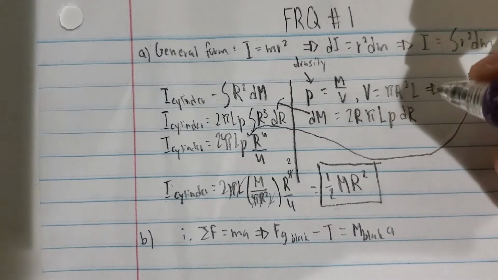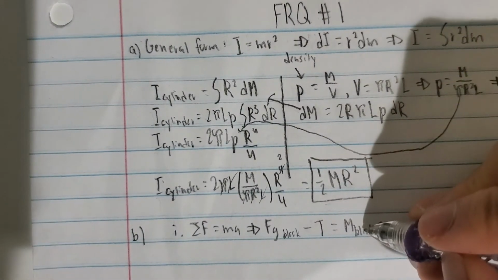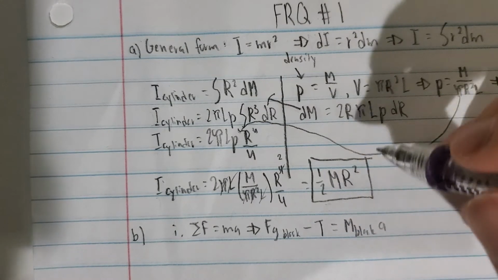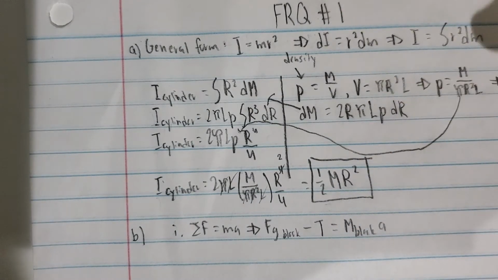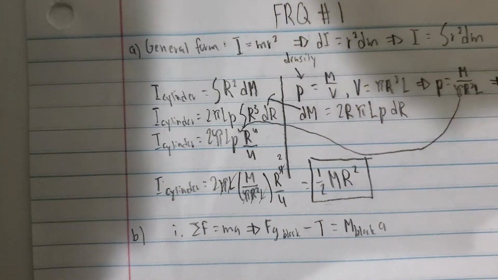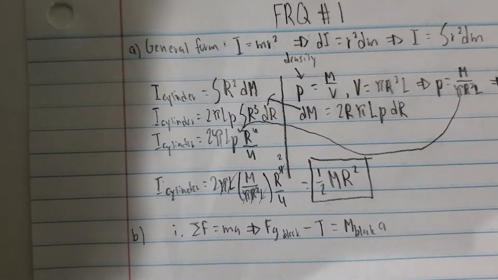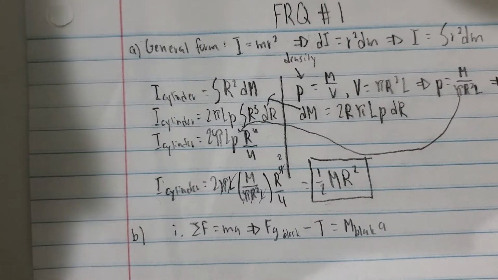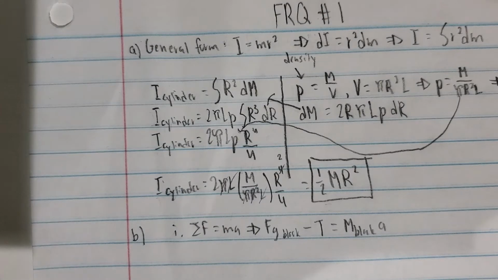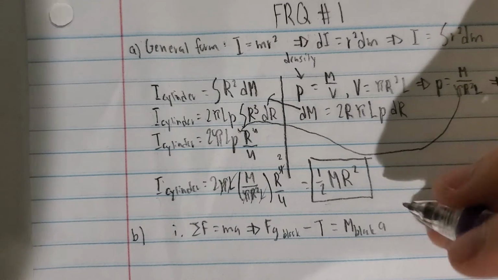times acceleration. Note that now I am writing subscripts for my masses, because in this problem we are given both the masses for the block and the cylinder, which is represented with a capital M, so I'm writing a subscript so I can differentiate between those two in my problem.